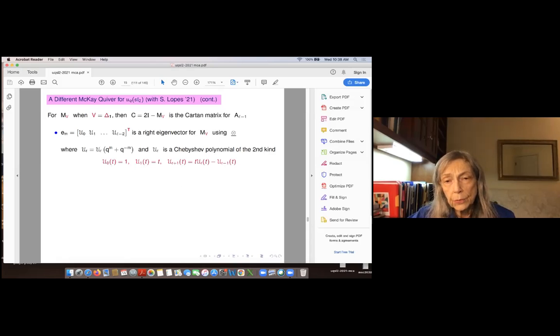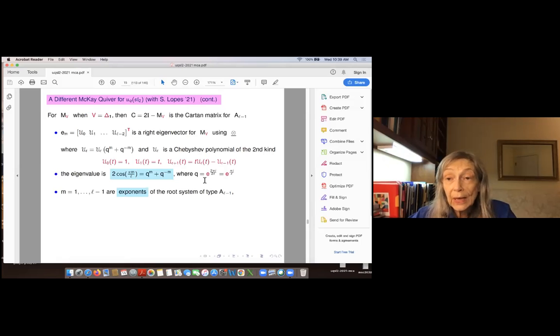If you move the r minus 1 term to the left, it says that T times U_r gives you the r plus 1 and r minus 1 terms. So anytime you have a plus 1, minus 1 type tensor product, you're going to get Chebyshev polynomials of the second kind. And these are the eigenvalues. They're nice, just powers of q and q inverse.